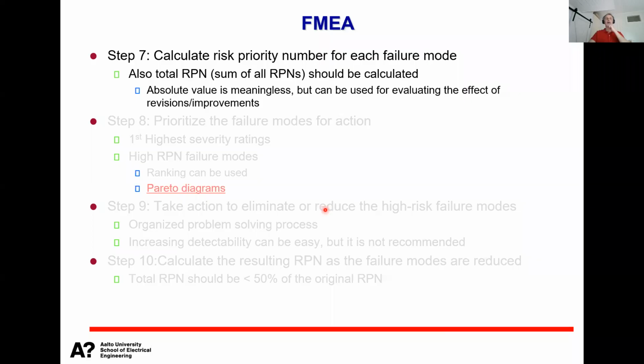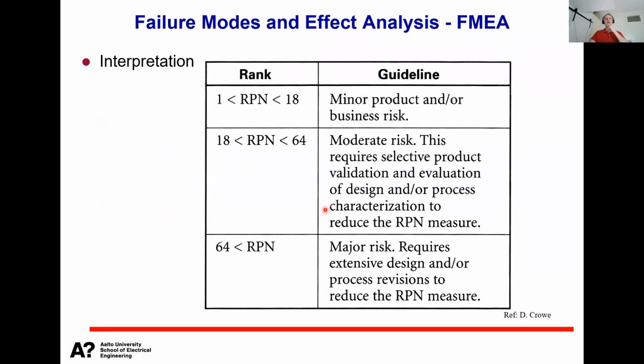So as I said, the actual number for an individual mode is not important in that sense, because it's dependent on how you assign the values, but there are certain rules of thumb, and this could be one way of thinking: if the RPN for a certain failure mode is less than 18, then you can disregard it. It's a minor risk, forget it.